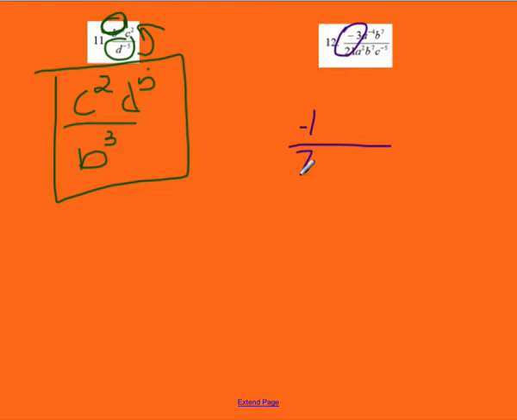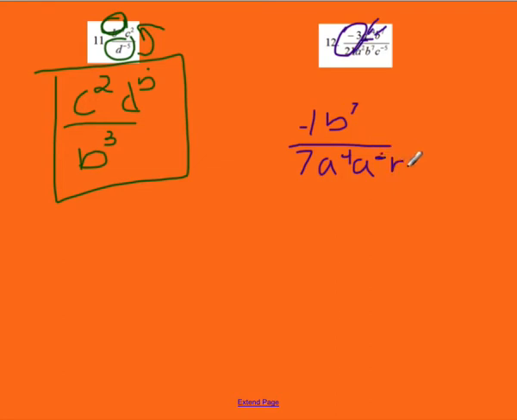Then I see that this a is negative on top, so I'm going to flip that a to the bottom. So I've got that part taken care of. I'm just going to go about it piece by piece. That b to the 7th is positive on top, so I'm going to keep it on top. A squared is positive on the bottom, so I'm going to keep it on the bottom.